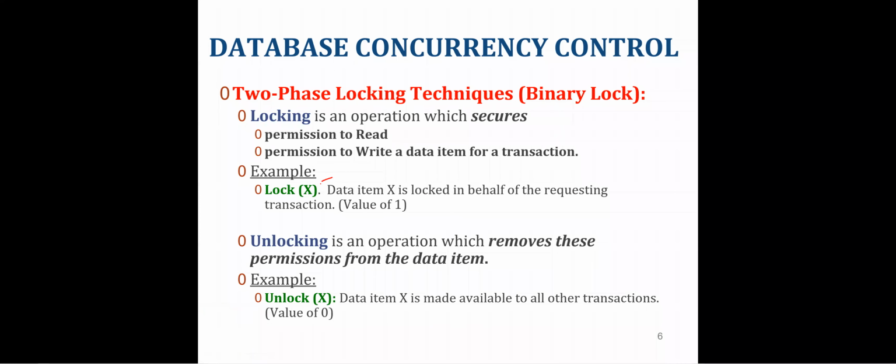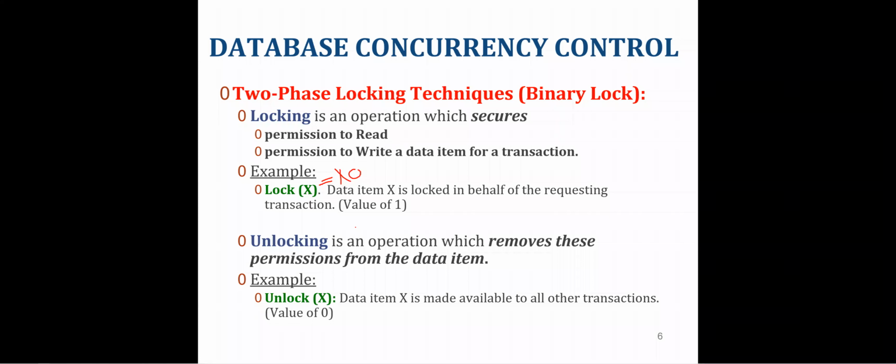So if it is 1, you have to wait. And there will be a queue for all transactions looking for the same data item, because someone is using it right now. Whenever it's finished, lock X, rather than 1, will be 0. So in this case, it's available and you can go and change it to 1 and it will be reserved for you. This is the scenario.